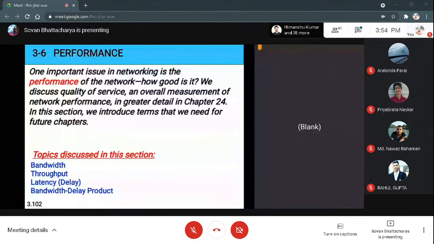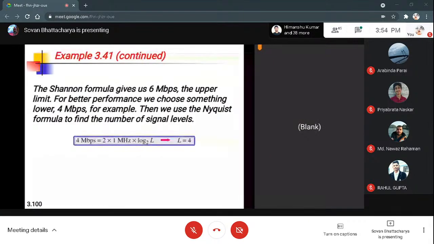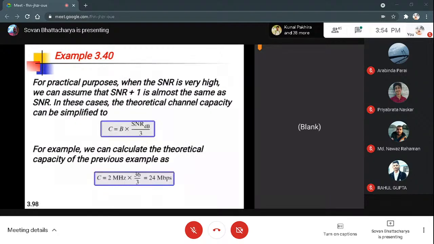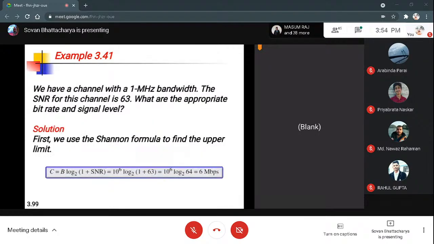Okay, so you see this problem. Then next I will explain Shannon's theorem. That is the formula actually. This formula is C equal to B log base 2 of 1 plus SNR. You have to first find out the SNR ratio. First calculate this, and then you have to find out your channel capacity.